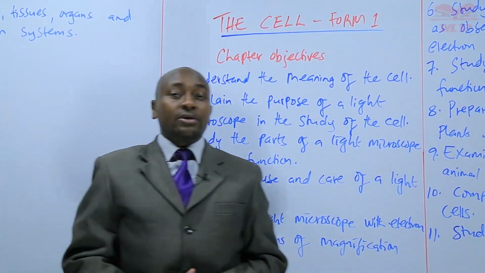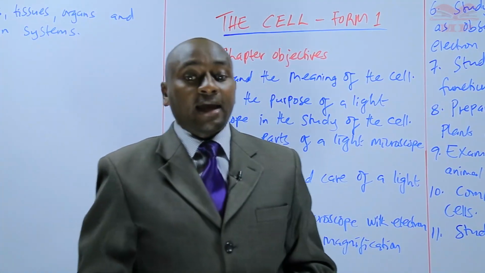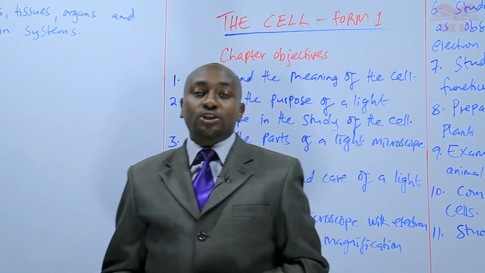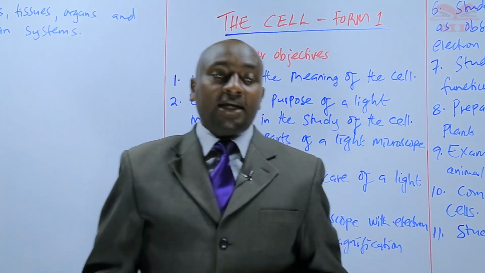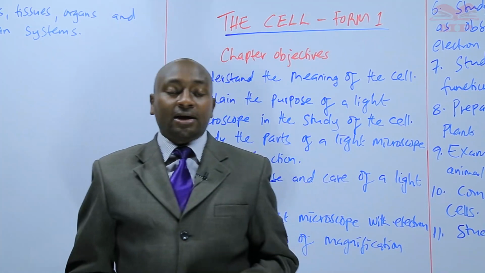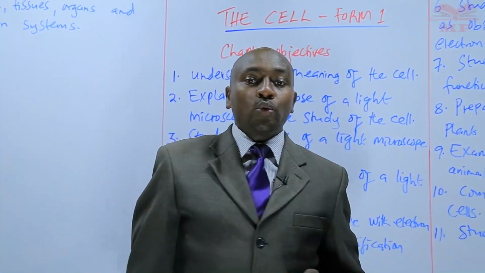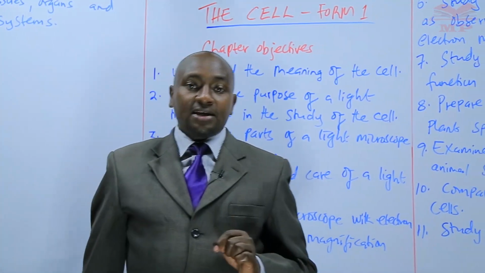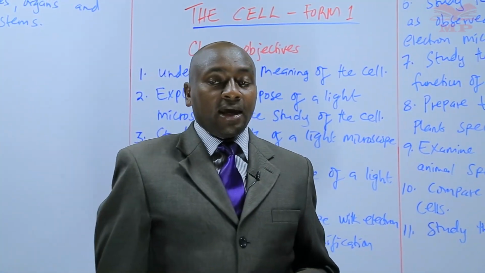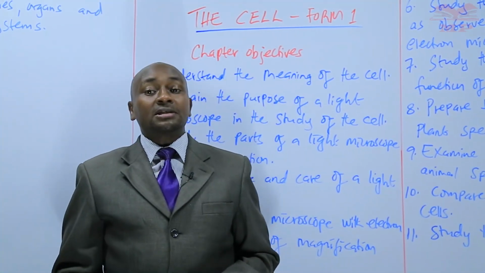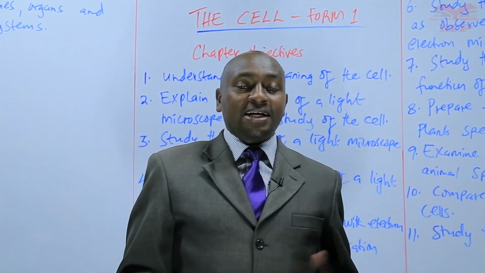And basically we can say that a cell is the basic unit of life. In other words, the smallest unit in which life can exist is in form of a cell. We have different organisms. Some are made of one cell.